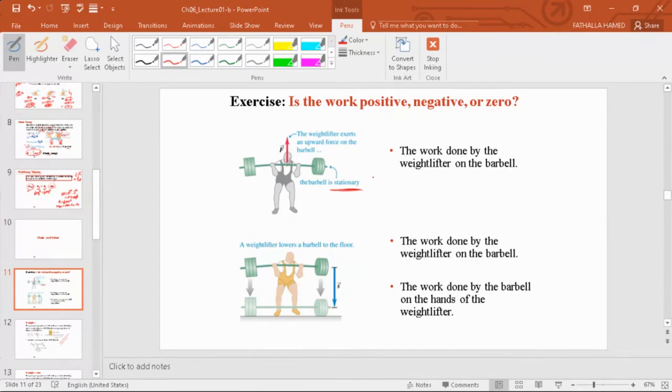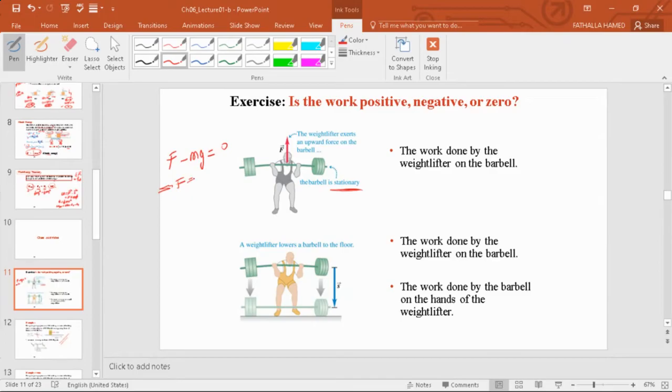Now remember what we said. We said that if it causes a displacement, then there is work. But this is stationary. That means if you do a free body diagram along Y, the force applied by the lifter up minus the mg down will equal 0 because it's not moving.